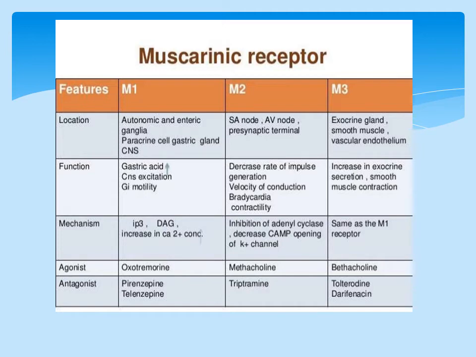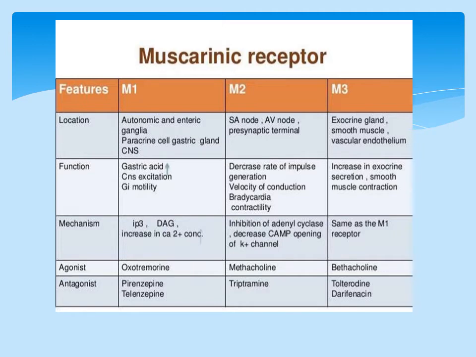And next, you have to know the functions of these receptors. M1 receptor increases gastric acid secretion and GI motility, but M2 receptor, which is present in the heart, decreases heart rate, causing bradycardia, and decreases contractility.